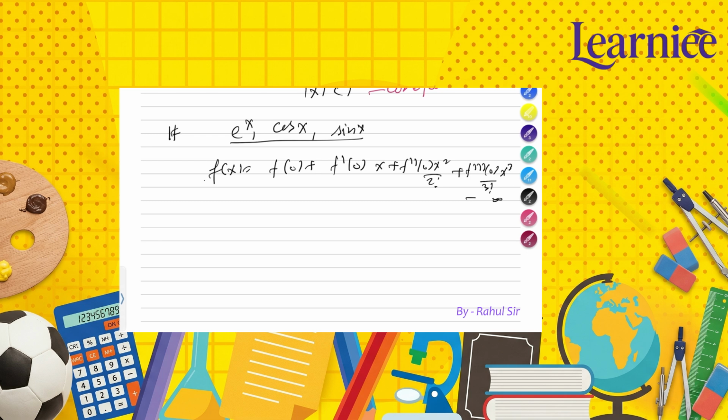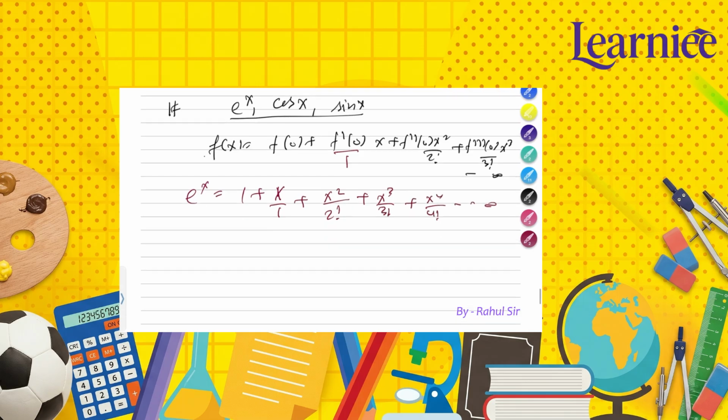Using this power series formula, we can find that e to the power x is 1 plus x plus x square upon 2 factorial plus x cube upon 3 factorial plus x to the power 4 upon 4 factorial up to infinity.